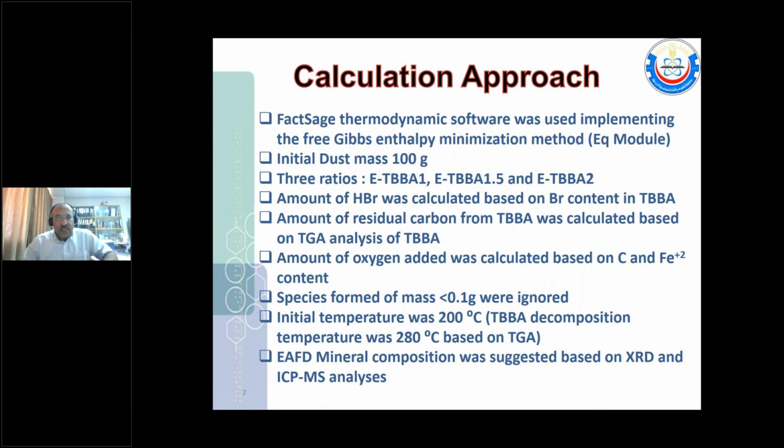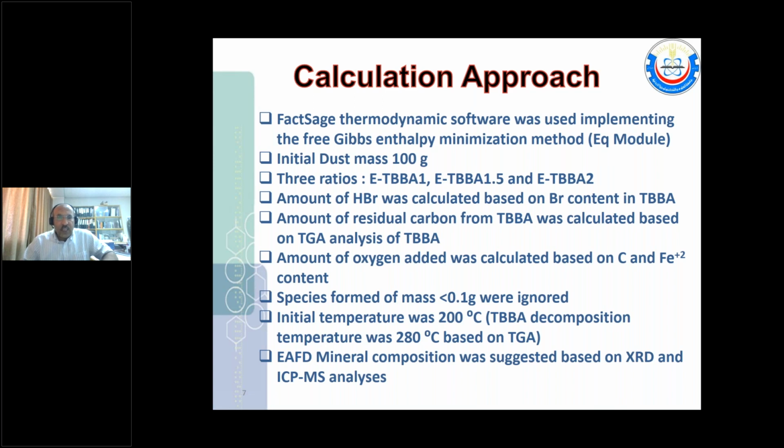In some cases, we added oxygen, and the amount of oxygen added was equivalent to the amount of carbon in the dust and the amount of iron or ferrous oxide present in the dust. Any species from the calculation with mass less than 0.1 were ignored.